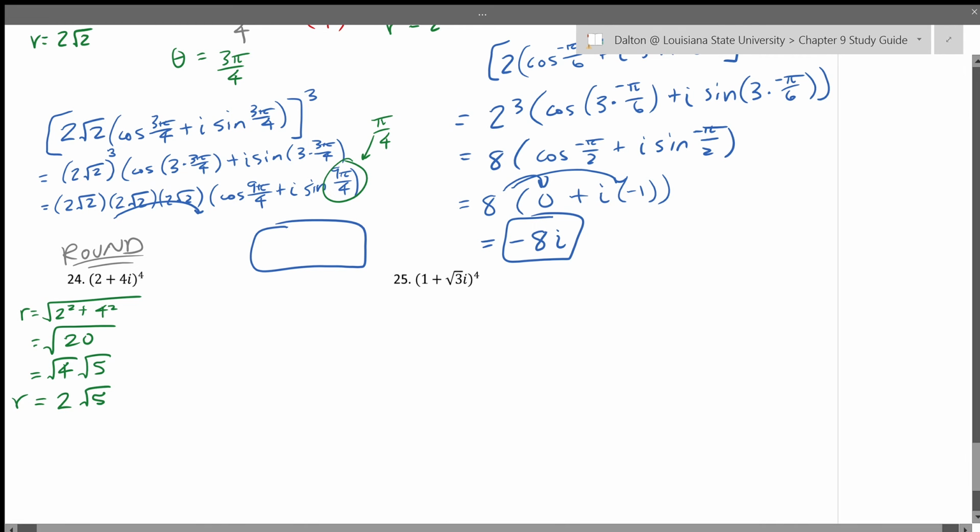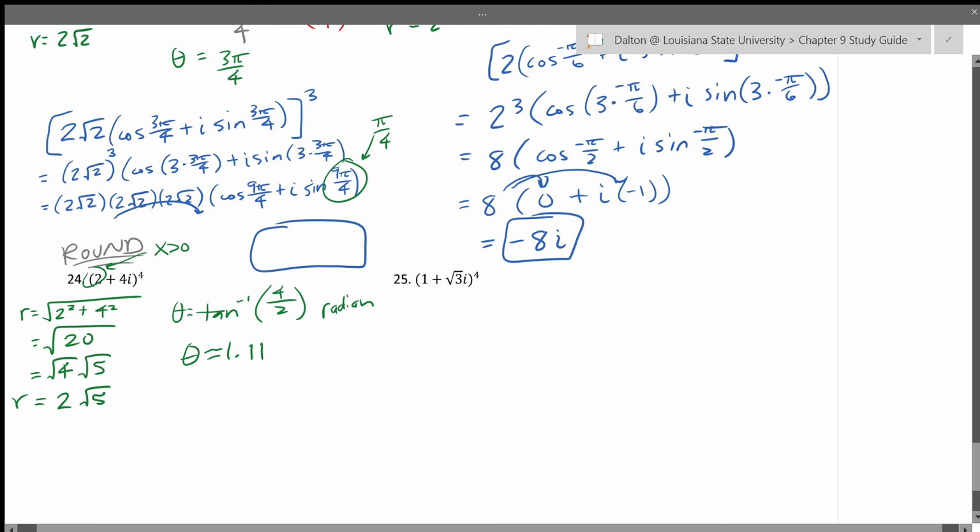Theta will be found by doing tangent inverse of y over x, which is 4 over 2. We don't need to add pi because x is greater than 0. So because you are allowed to round, that means you can type this into your calculator. Make sure you're in radian mode because that's our default. And then you should end up with theta is approximately 1.11.